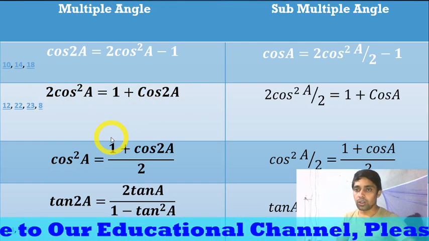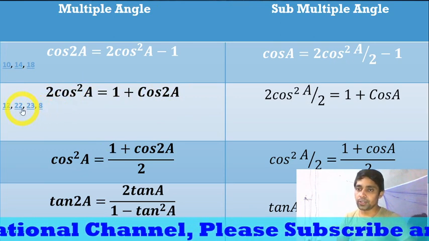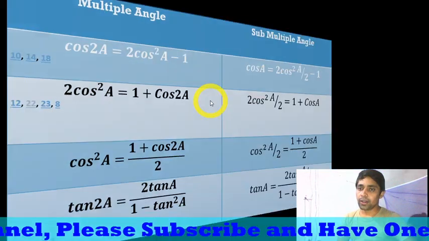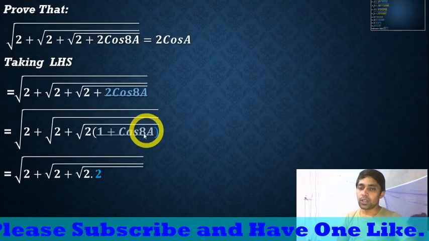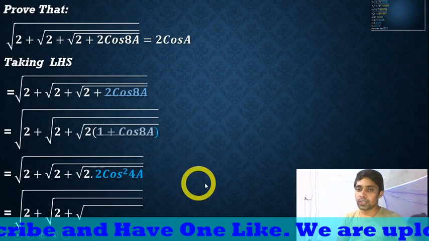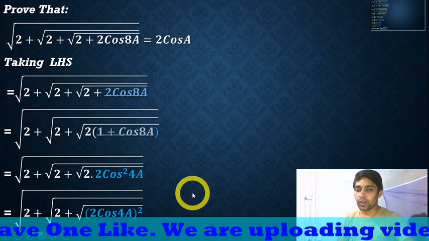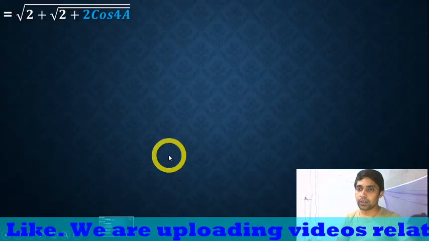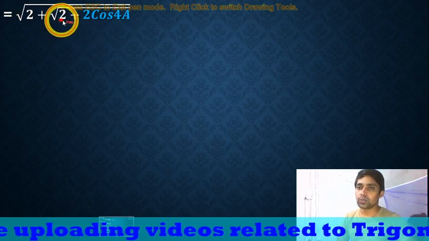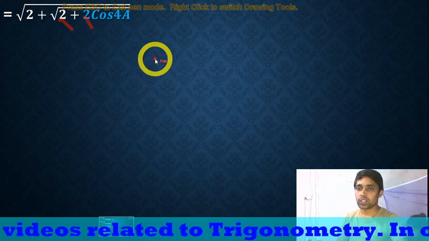So here now once again we will go through the problem and we'll see how we are using this formula. Here we are applying formula of 1 plus cos 2a. So here we'll be getting 2 cos square 4a, and since it is whole square inside the root, then we'll be removing this root by using whole square and root. Then again 2 and 2 will be common. Then again we'll be getting same 1 plus cos 2 theta format.